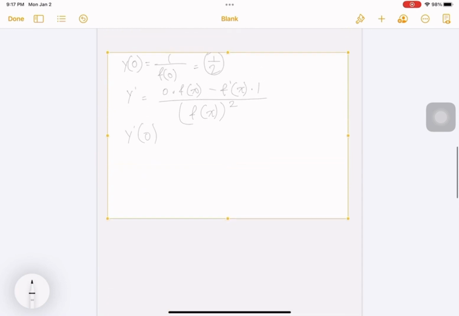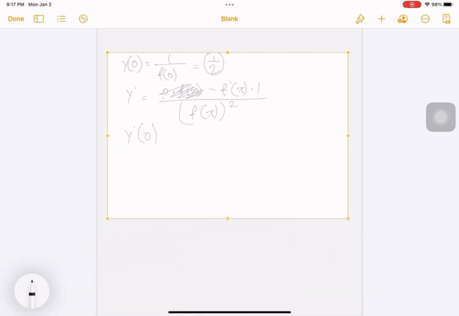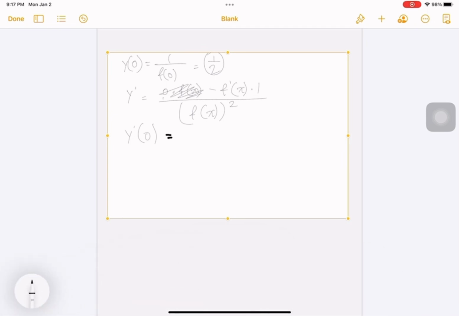Oh, y prime of 0 would be, so this cancels out because 0 times f of x is just 0, so it'd be negative f prime of 0 times 1 over f of 0 squared.